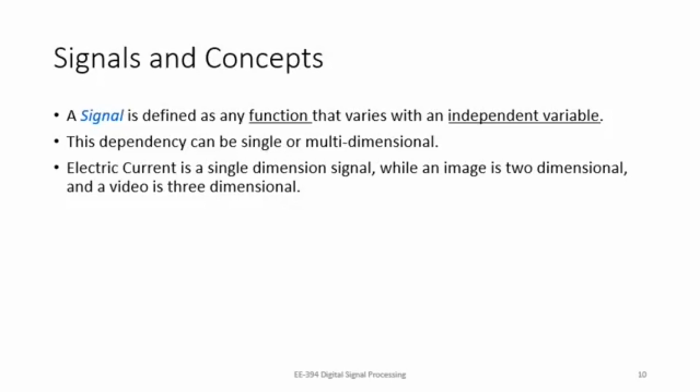So we know that a video is made of a number of frames. One frame is an image, which is two-dimensional, having x and y dimensions, and the third dimension is, of course, the time against which these frames move. So video is an example of a three-dimensional signal.